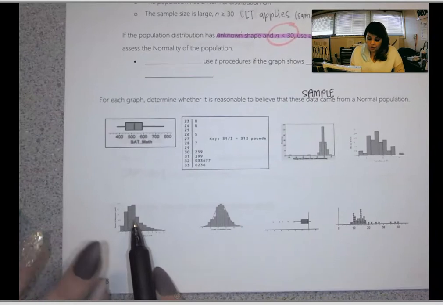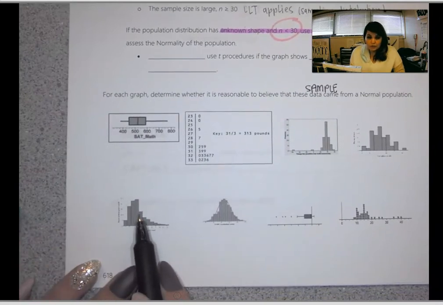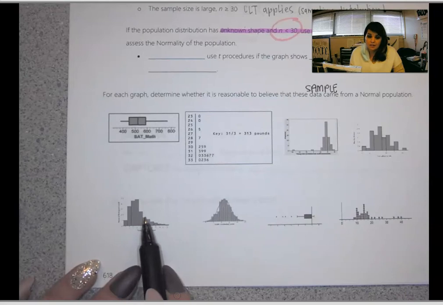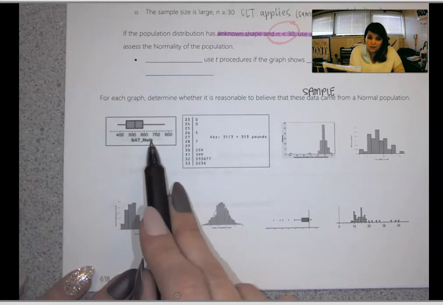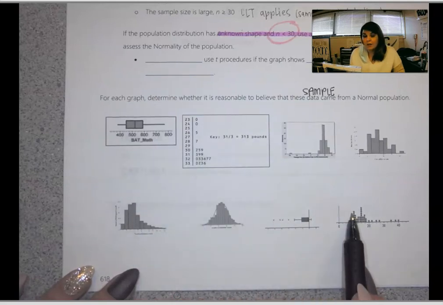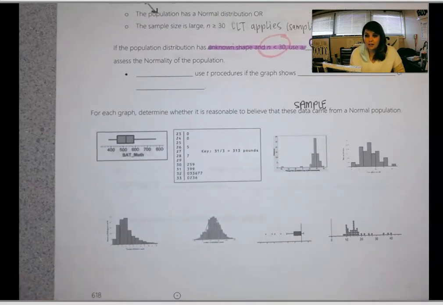If you have a sample that looks like this, that is a good indication that your population also looks like this. Same for this one. Same for this box plot. Same for this dot plot. We think that our sample reflects what our population looks like.